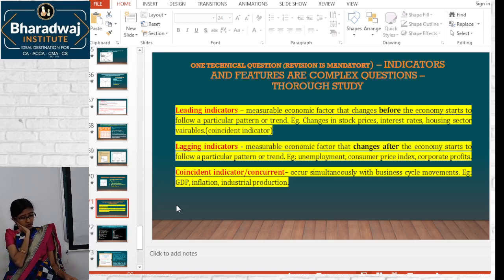Which goods sector is affected most by cyclical fluctuations? That is capital goods or consumer goods or perishable goods like that.